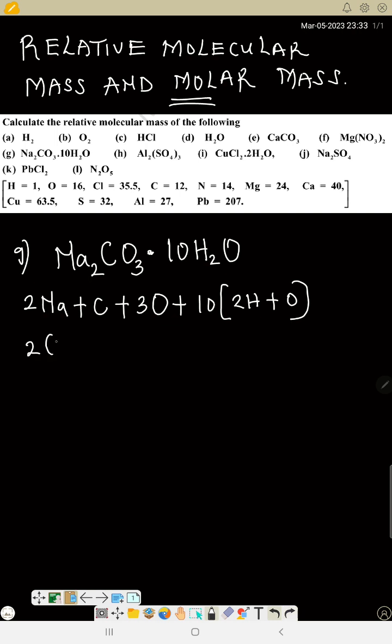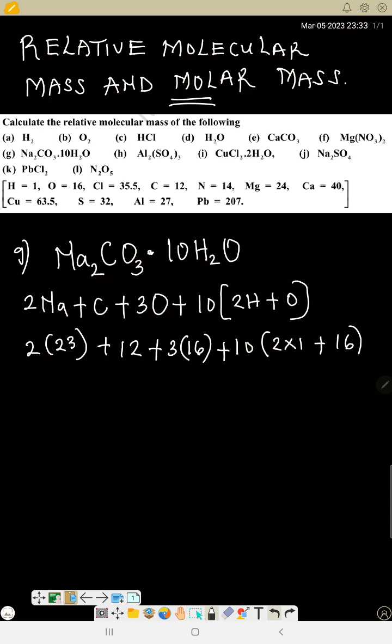So this is 2 brackets 23, because sodium is 23, plus carbon is 12, 3 oxygen is 16, plus 10, so 2 times 1, then plus 16.